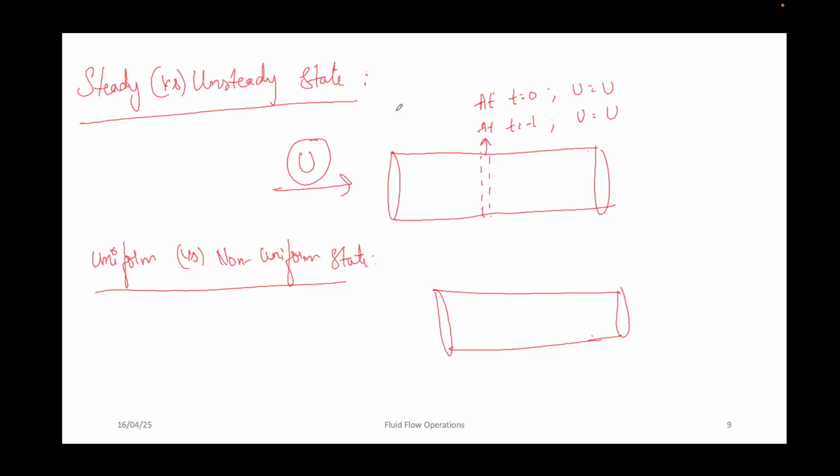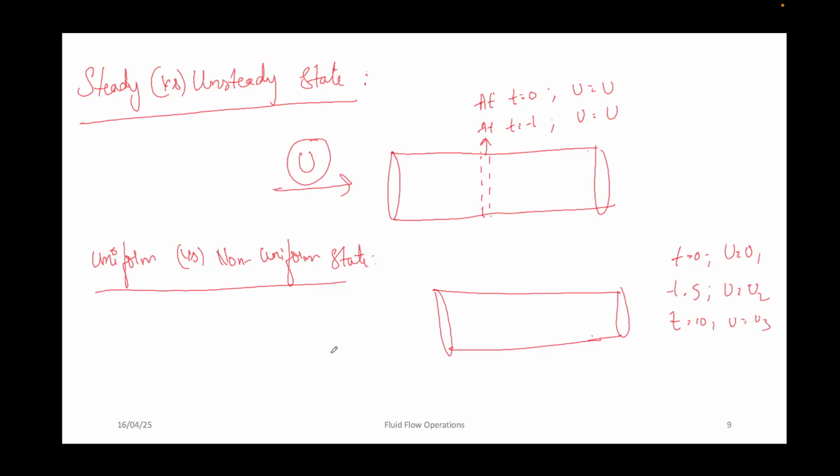Coming to uniform and non-uniform, let's take another parameter, say density. You can even consider velocity itself. Say U is the velocity and the velocity of the fluid is not constant, it is changing with time. At t equal to 0 it is u1, at 5 seconds it is u2, and at 10 seconds it is u3.